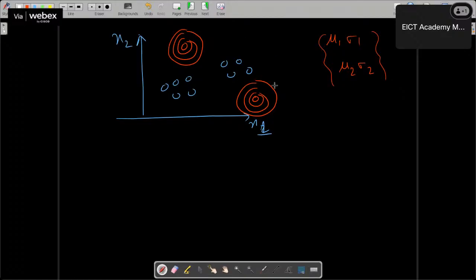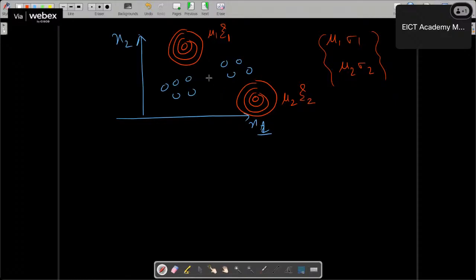So this one is a random distribution. Okay. So now we will ask every data point how much likelihood you have to come from this mu 1 sigma 1, and how much likelihood you have to come from this distribution mu 2 sigma 2.